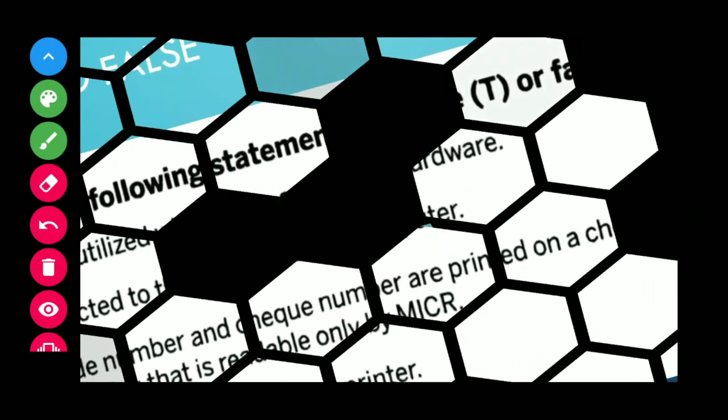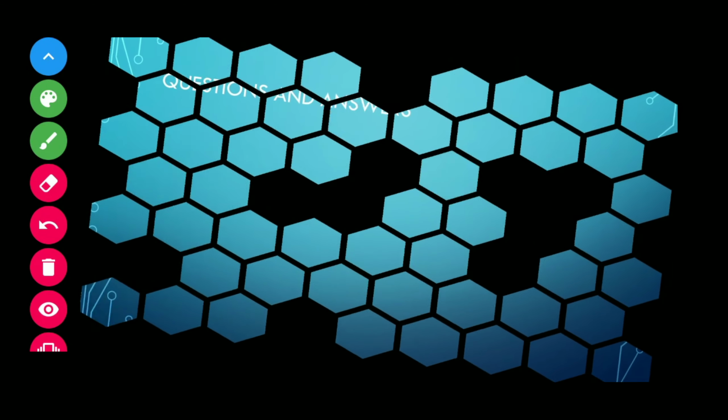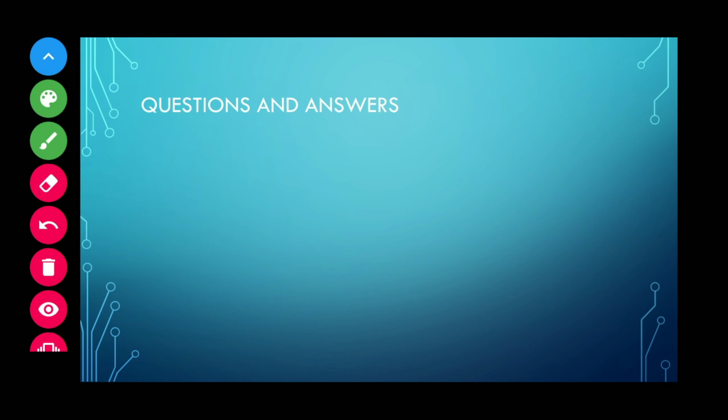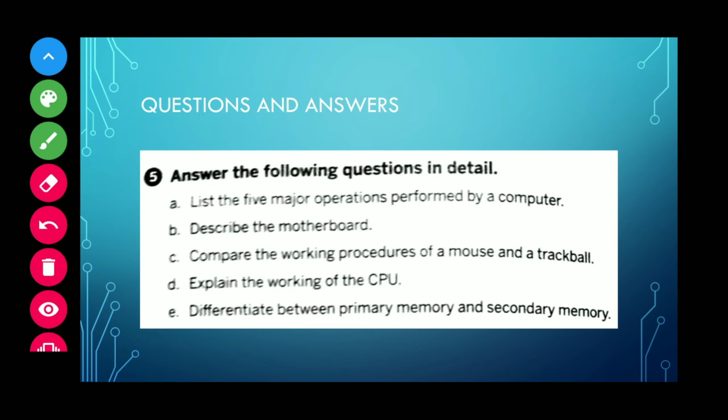So here the question answers are there. Students, today the first question is: list the five major operations performed by a computer.